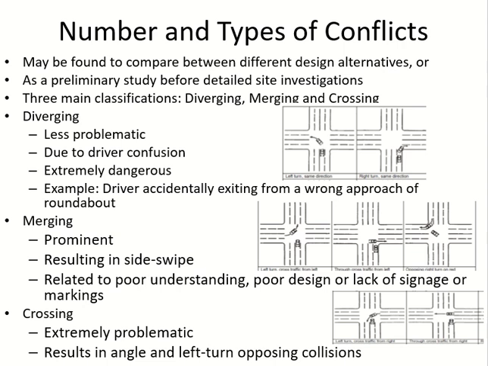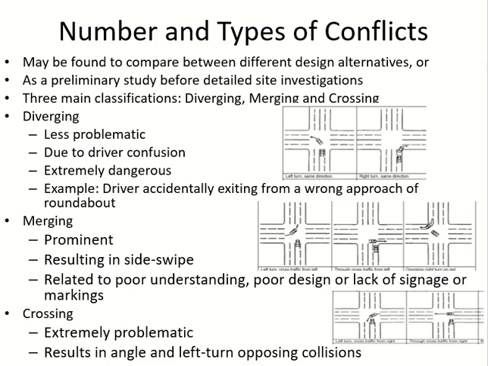So you can compare between different design alternatives. What will happen if I don't give a median? What will happen if I give a median? What will happen if I have a separate turning lane, and what will happen if I don't have a separate turning lane, in terms of conflicts?